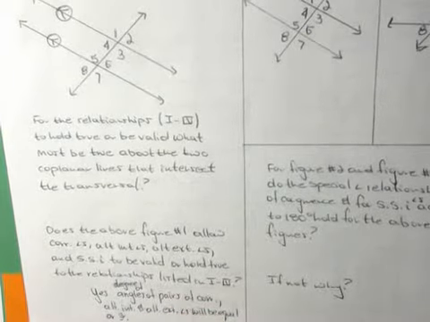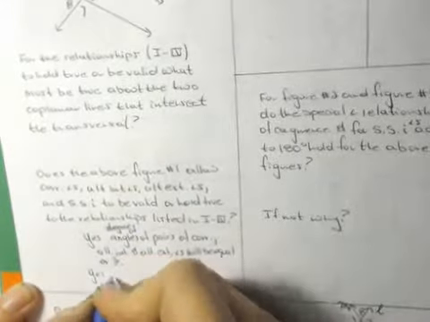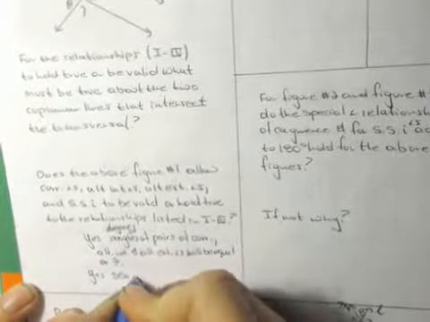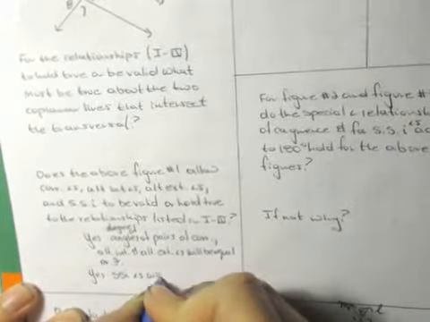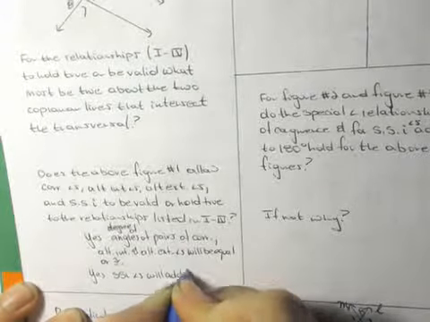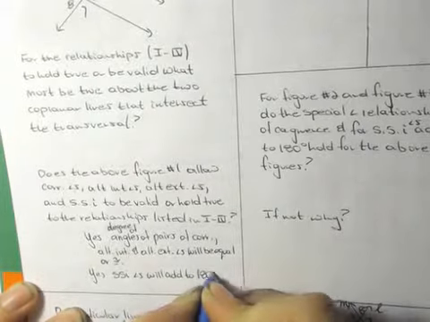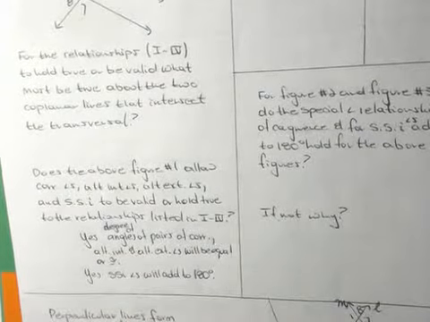Put the congruent symbol. And then we would say yes, same side interior angles will add to 180 degrees. Okay. So we have that.